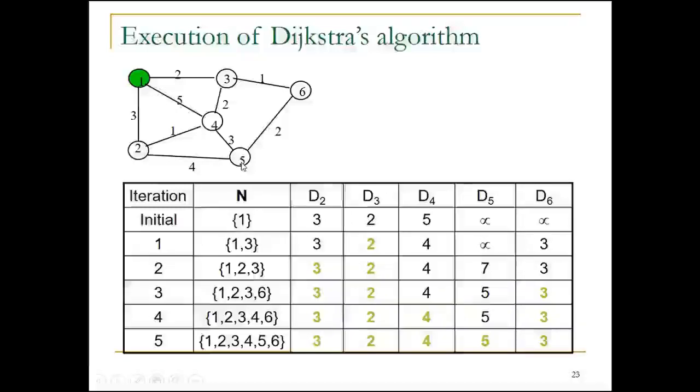So the only option we have now to get to 5 is from 1 to 2 to 3 to 5, sorry. In this case it has 3 plus 4, which gives us a 7 metric cost to get to node 5, which is great.